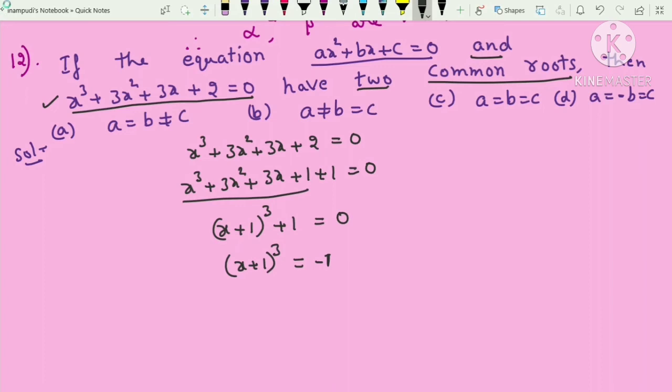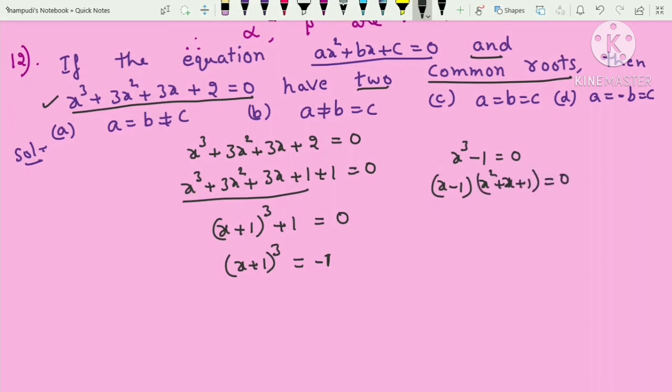We know that if we write x³ − 1 = 0, then (x − 1)(x² + x + 1) = 0.